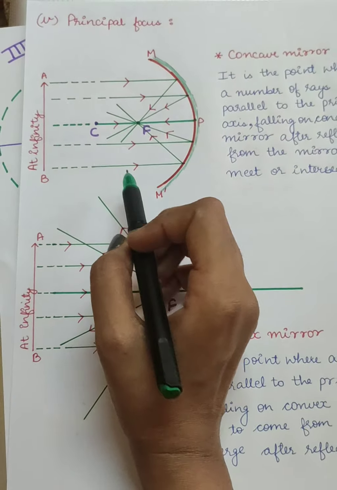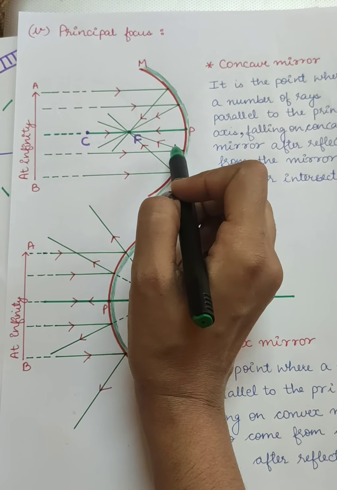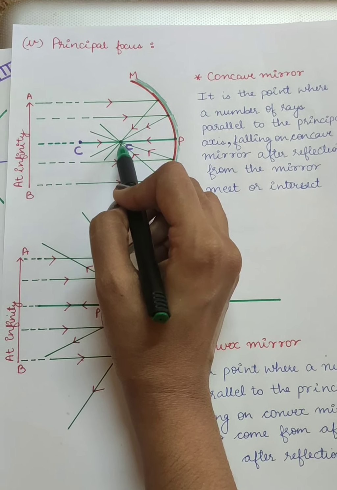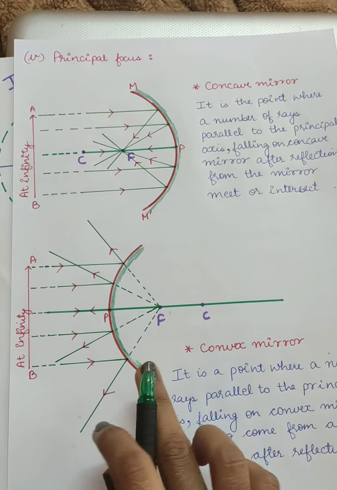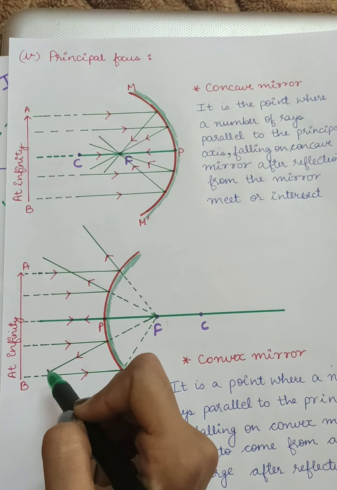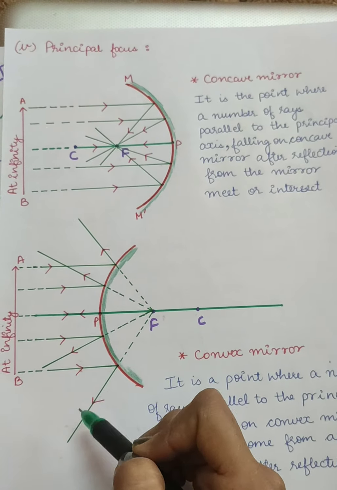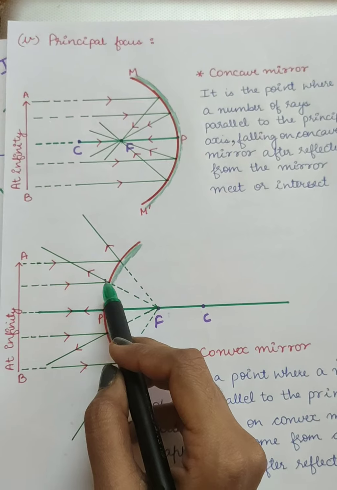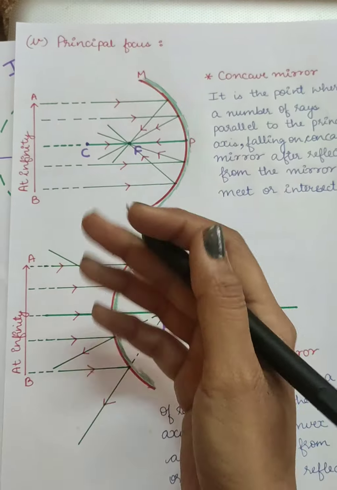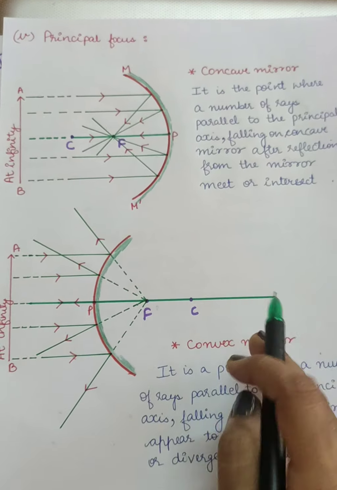So we see that in case of a concave mirror, all these rays after reflection from the mirror meet at a point. This point is called the principal focus for a concave mirror. Now for a convex mirror, all the rays after reflecting are actually not reaching this point. They are diverging from the surface of the mirror, but it appears as if they are diverging from a point. And this point from where they appear to diverge or spread out is called the principal focus of a convex mirror. Now let us see the definition.